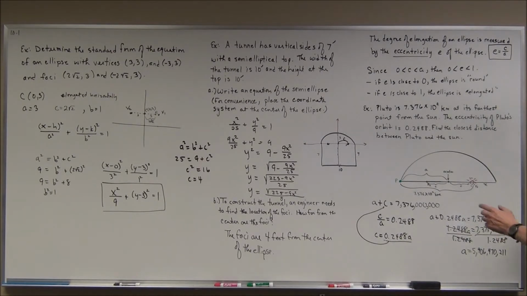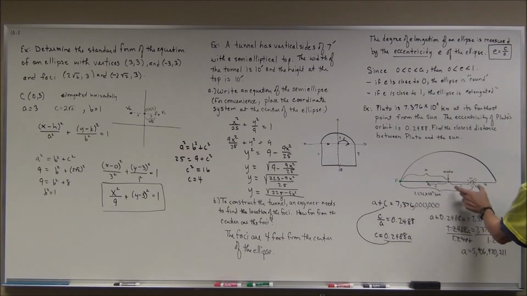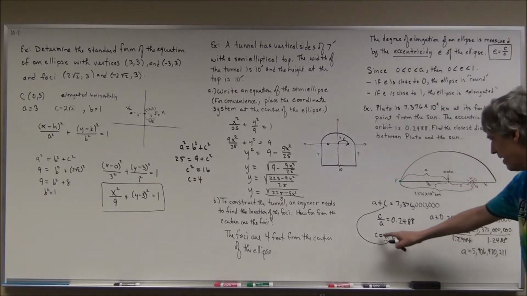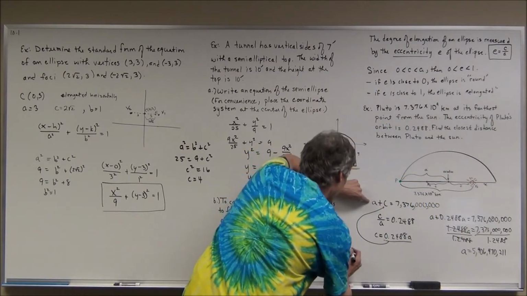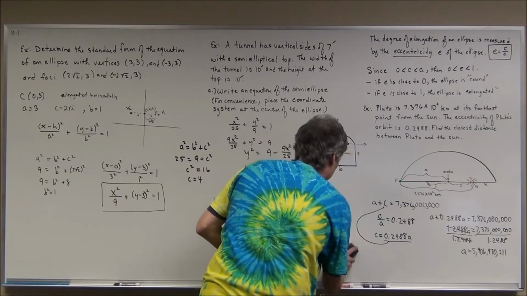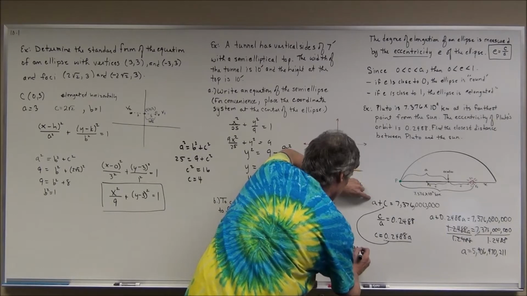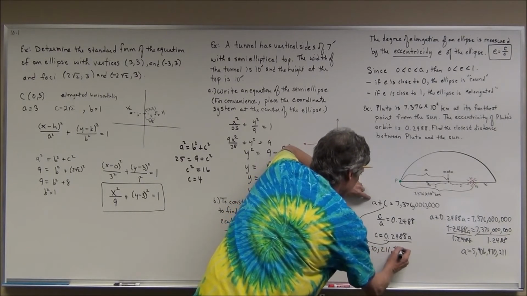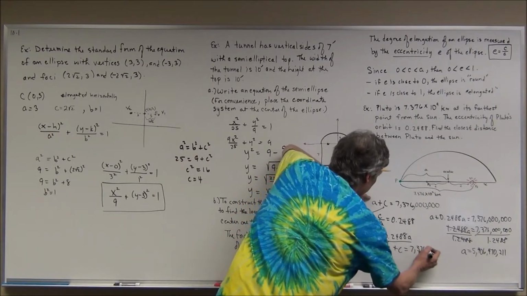And so that's this distance here. Now I need to know what c is because I'm looking for x, and x plus c is equal to a. So I need to find c, so I'm going to plug back in over here. I have a, which is this big number, 5,906,470,211, plus c is equal to 7,376,000,000.